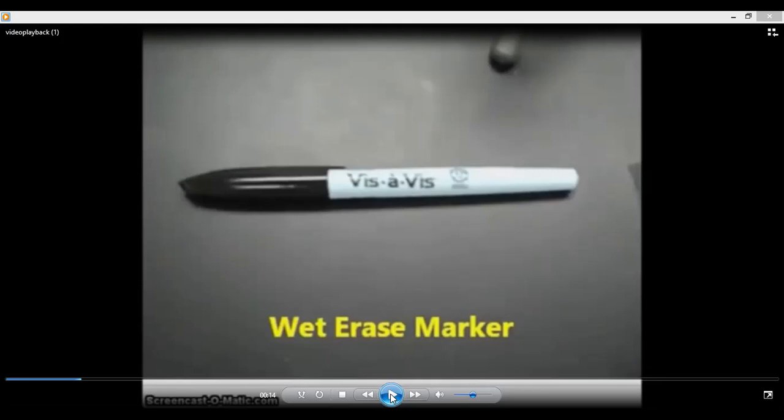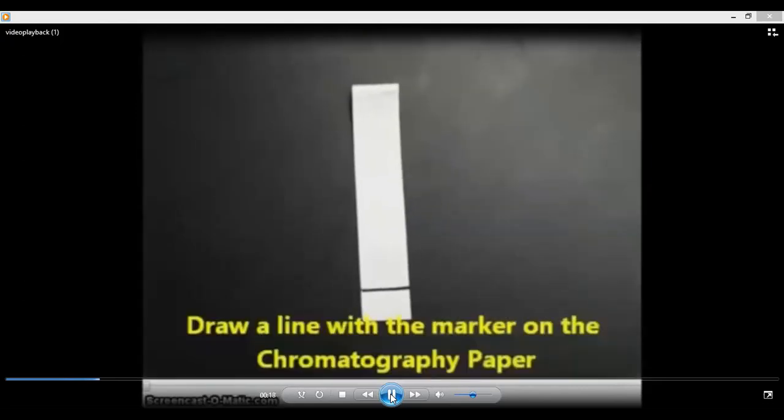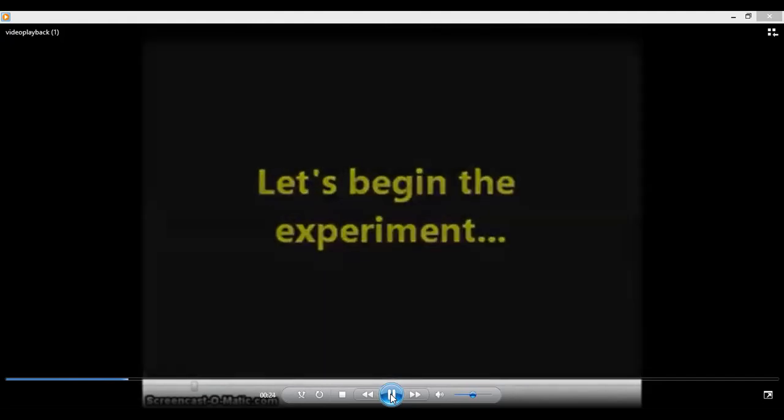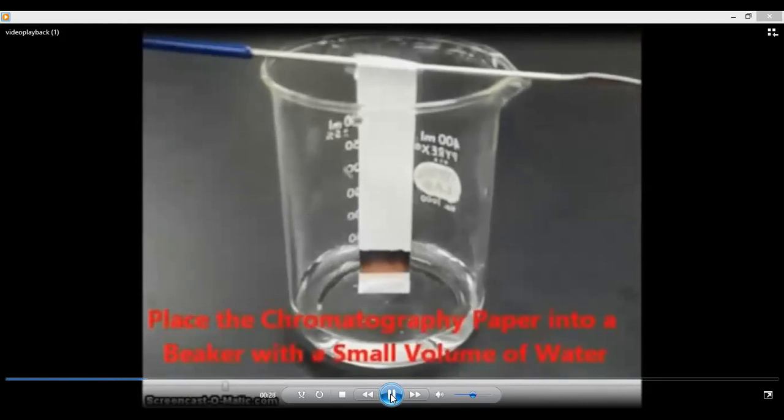For that, we need a black marker and chromatography paper, and a line is drawn near the end of the chromatography paper. Then it is immersed in a small volume of water in a beaker.